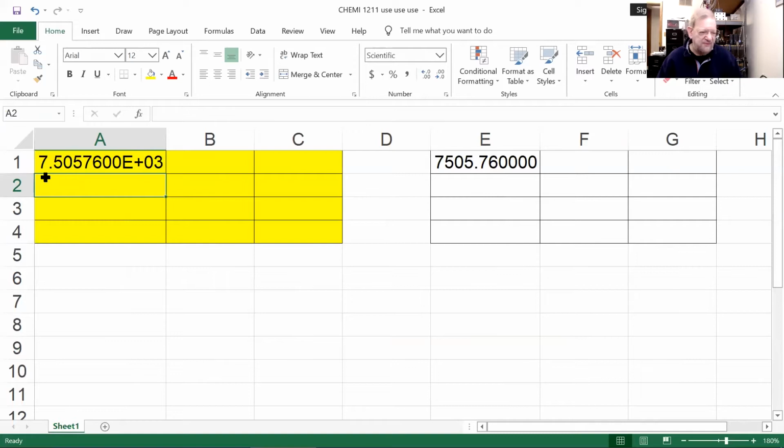Time's up. Keep the 7, keep the 5, keep the 0, keep the 5. That's my 4 significant figures. Use the 7 to round off. Is that 5 or higher? Yes. So I'm going to drop everything and increase the 5 to 6. So that would be 7.506 times 10 to the third.